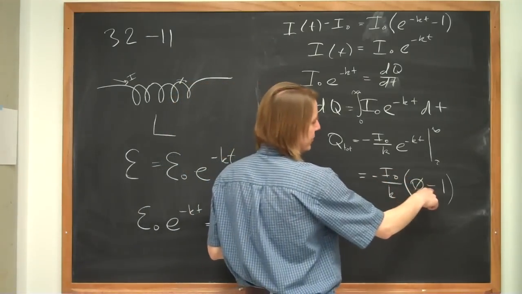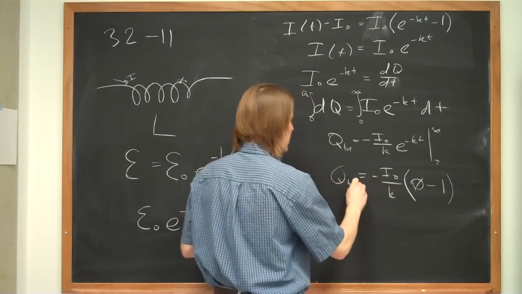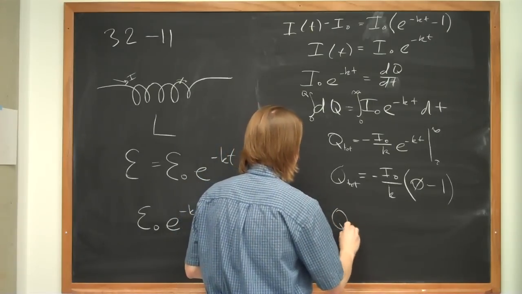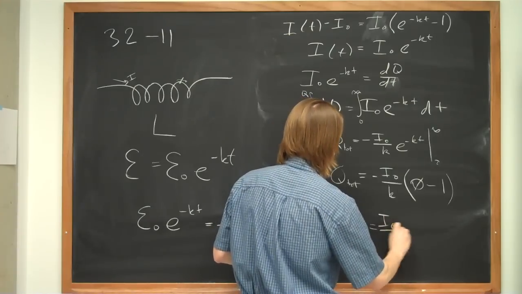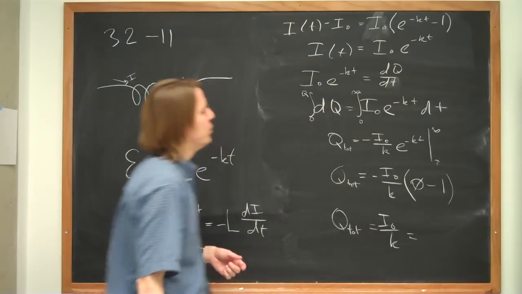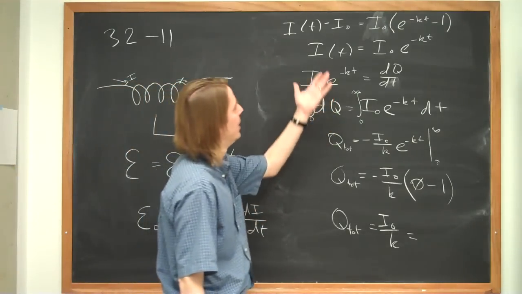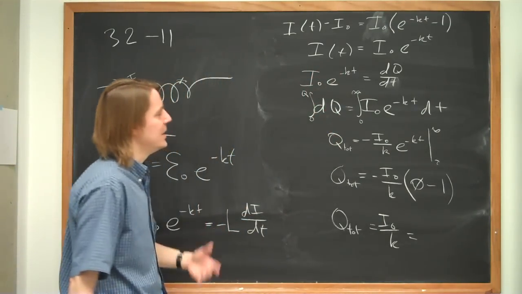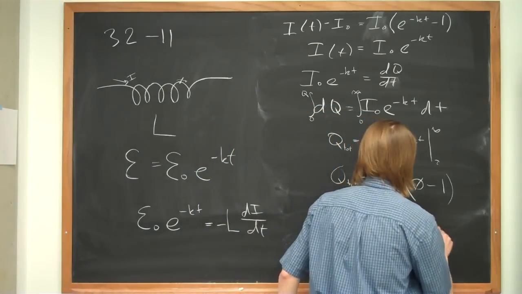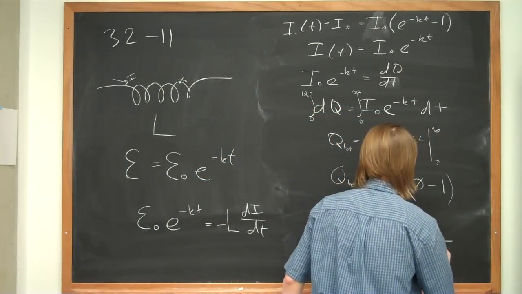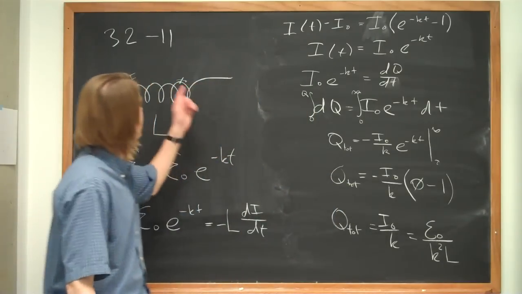So those two negatives, negative 1 times negative 1, cancel. So the total charge that crosses is just I naught over k. But if you wanted it in terms of the given variables, we again remember what I naught is: I naught is the EMF naught over KL. So over another k, the final answer is the original EMF over k squared L is the total charge that passes that point.